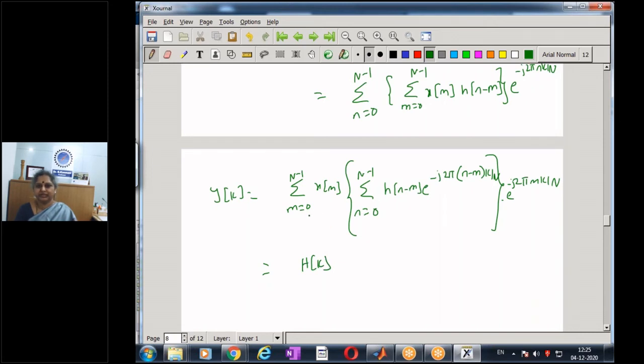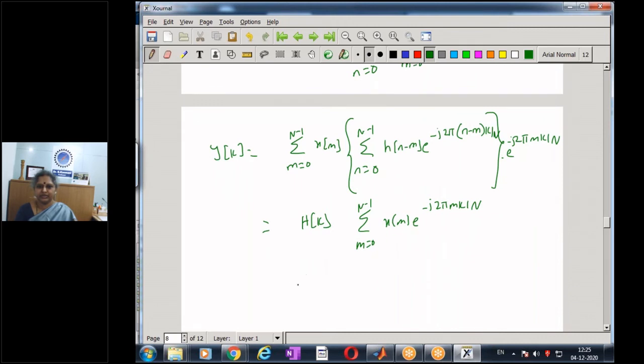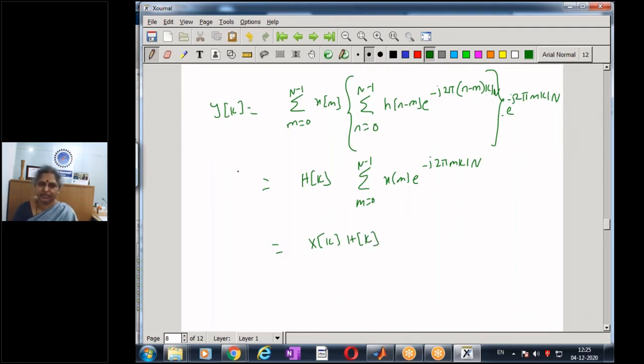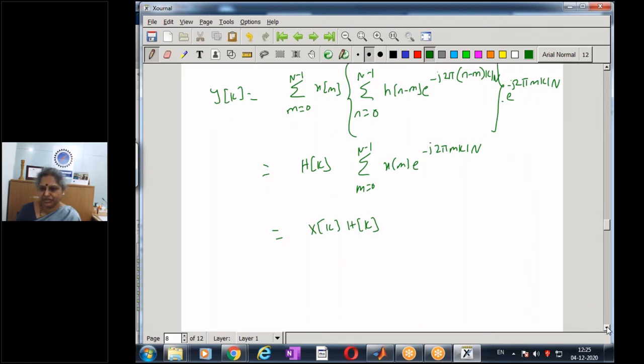And similarly, the remaining sum over m equal to 0 to N minus 1 of x[m] e to the power of minus j 2 pi mk by N is now X[k]. So hence we have Y[k] given by X[k] into H[k].